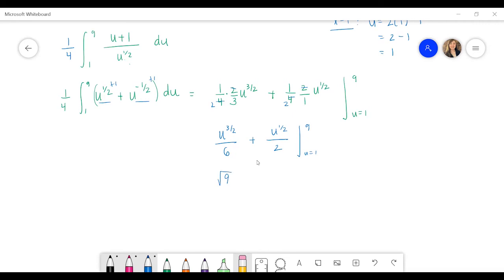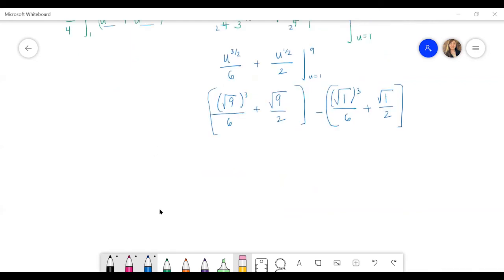The half part is square rooting it, and then I'm cubing, over 6, plus 9 to the square root over 2, minus, because I have two terms, right? 1 in a square root cubed over 6 plus 1 in the square root over 2.